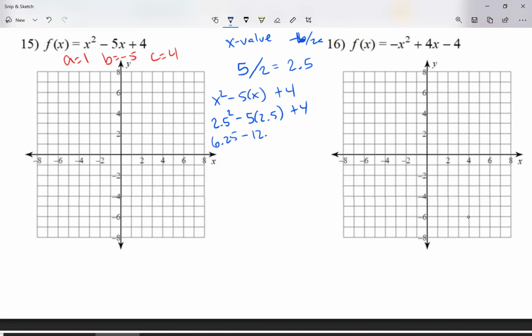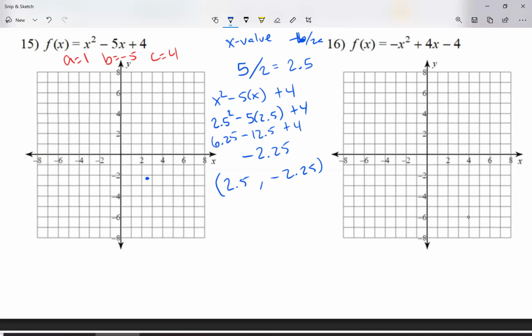So I have 12.5 and then a plus 4. I'm going to leave the plus and minus all the way to the end. 6.25 minus 12.5 plus 4 happens to be -2.25. Oh, wow. Our vertex, our X value is 2.5. Our Y value is -2.25. And I'm going to say that vertex happens to be right there.